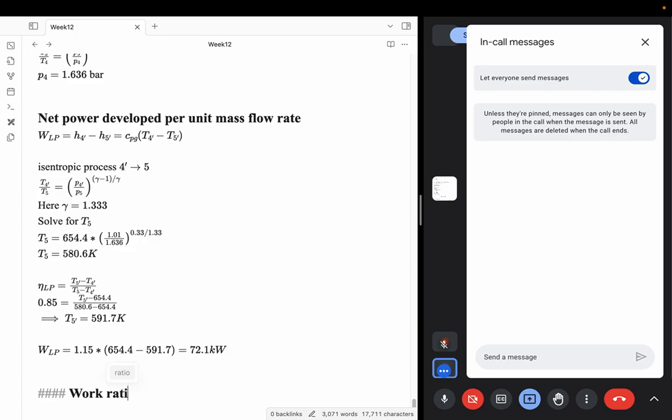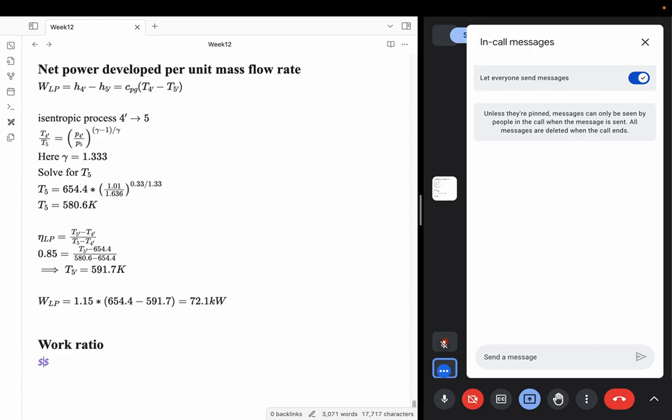Work ratio is again straightforward. We have already known all the enthalpies, so this shouldn't be a big problem. The work ratio will be W net divided by W gross.